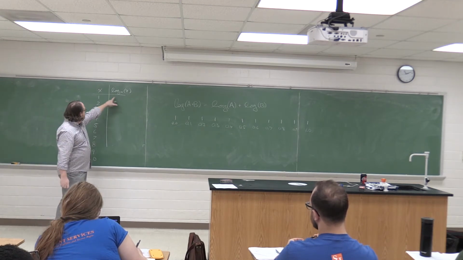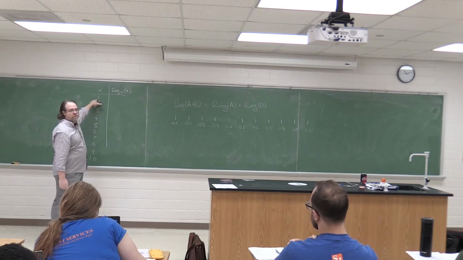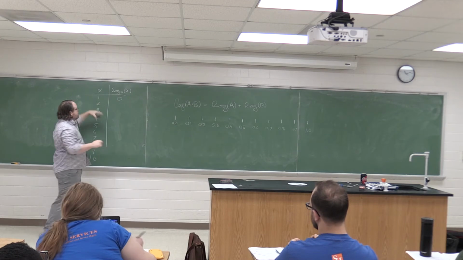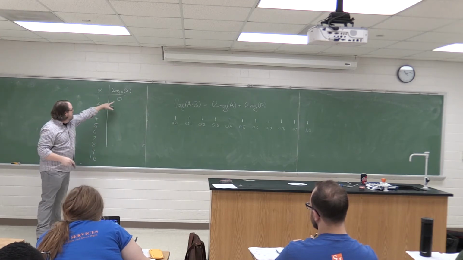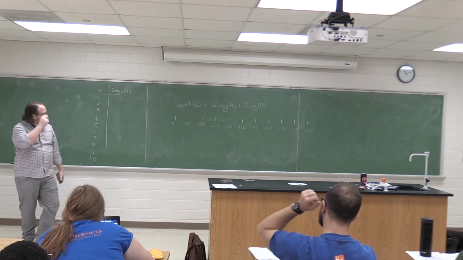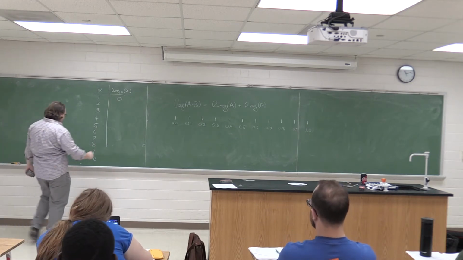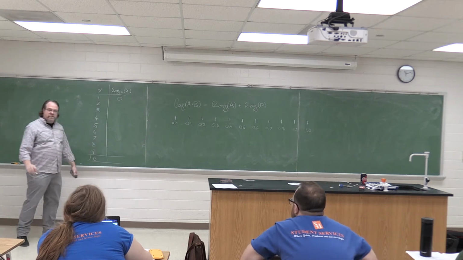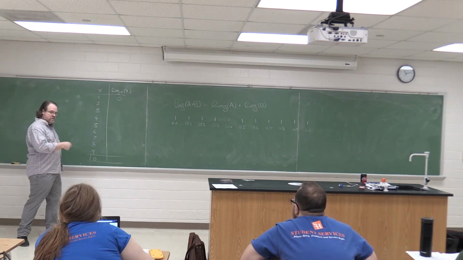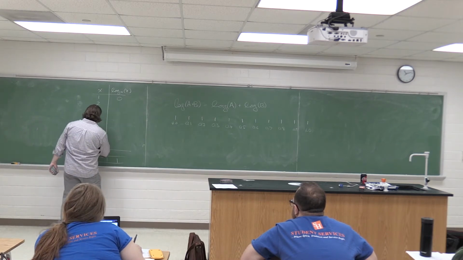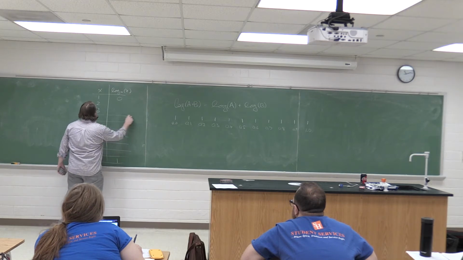Now, log base 10 of 1, we can do that one in our heads. What's the answer? 0. In other words, 10 to the 0 gives me 1. Now, there's another one up here that we can do in our heads, I think, pretty safely. What's that? Yeah. Log base 10 of 10 is 1. In other words, 10 to the 1 is 10. Everything in between here, we might more or less successfully estimate.